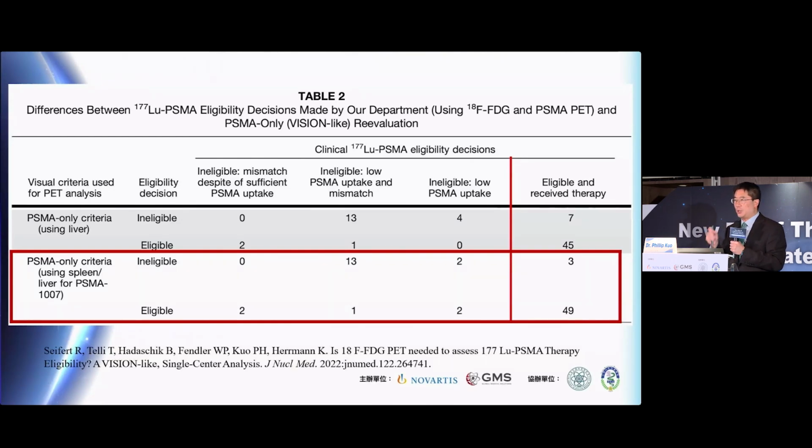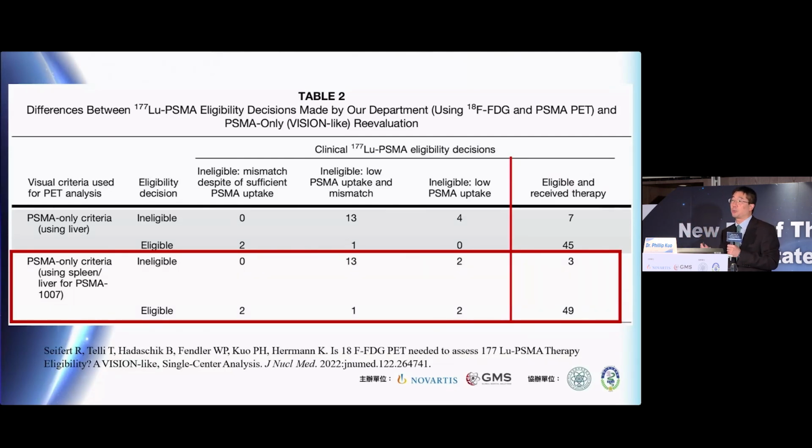If you use for PSMA 1007 something we call VISION-like criteria, we get pretty good agreement between what they did with PSMA PET and FDG and the VISION-only PSMA PET criteria, all right? But PSMA PET 1007 has this very high liver uptake. So if you only use the liver for that, you will exclude way too many patients. So the next best alternative is spleen.